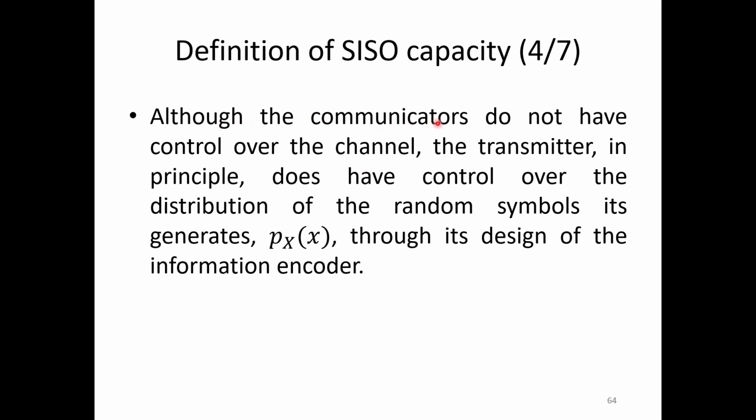Although the communicators do not have control over the channel, the transmitter, in principle, does have control over the distribution of the random symbols it generates, P capital X of small x, through its design of the information encoder.